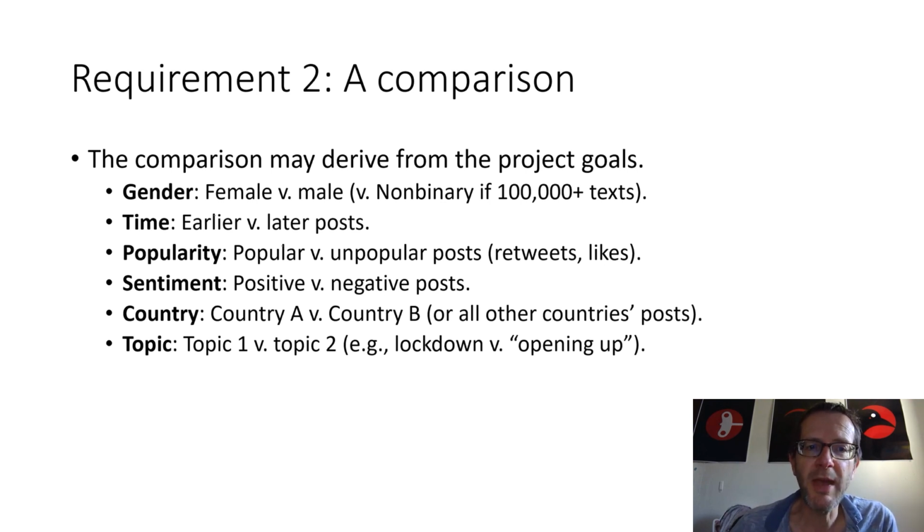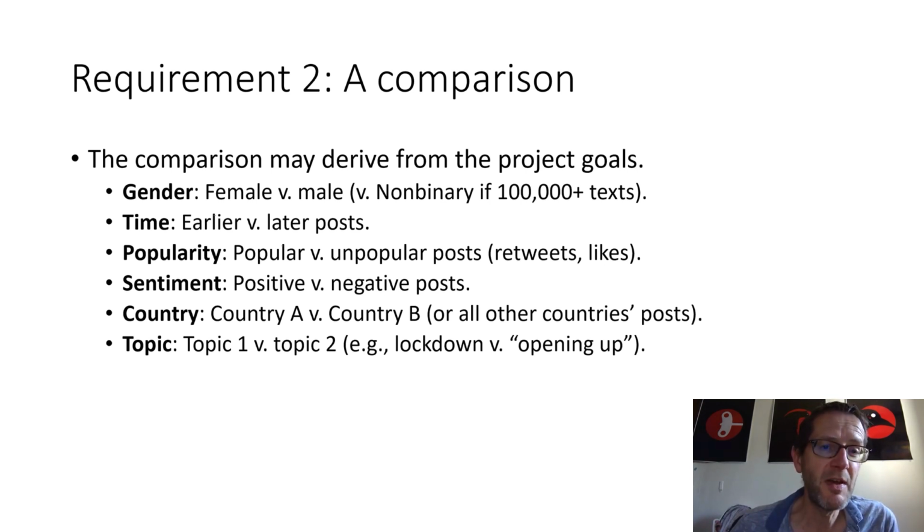Another comparison you can make is time: earlier posts against later posts to see if there have been changes in topic over time. Or popularity, so the more popular texts against the less popular texts, where popularity is measured in any way possible, so retweet count or like count, for example, for Twitter and YouTube.